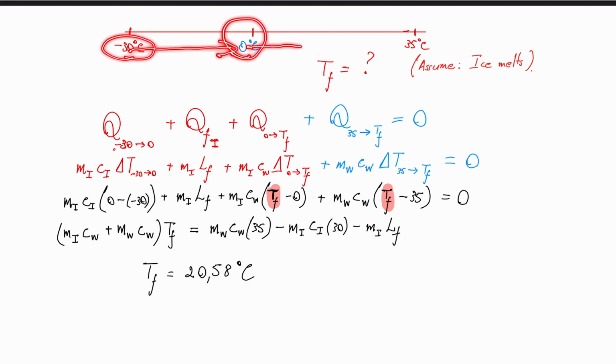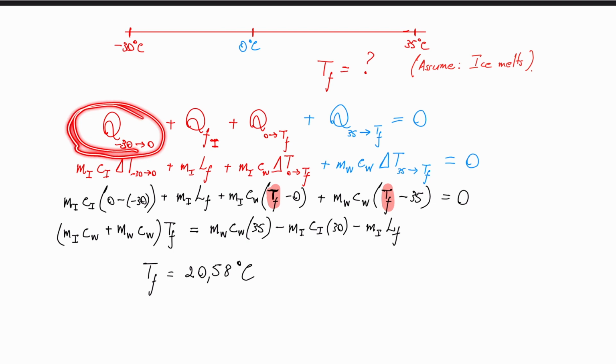After melting, it must go to another new temperature, TF, that final temperature where we have thermal equilibrium. Let's write that down mathematically. So we're going to have heat, which takes us from minus 30 to the 0 point for ice. And here I have used the red color to indicate properties of the ice.